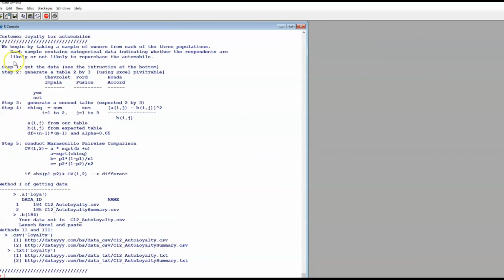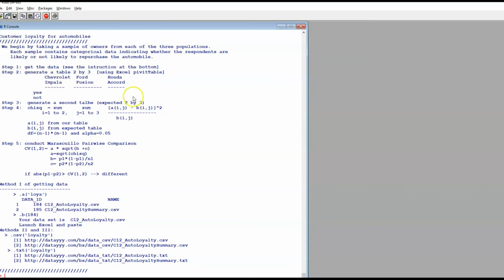We begin by taking a sample of owners from each of the 3 populations. Each sample contains categorical data, yes or no, whether the respondents are likely or not likely to repurchase the automobile. Okay, and so step 1, we get the data.